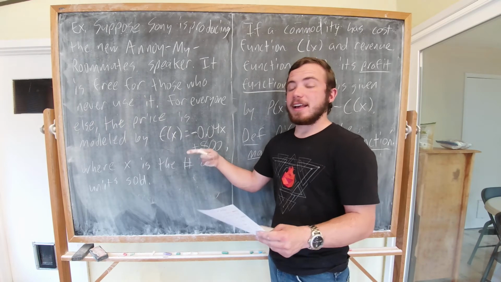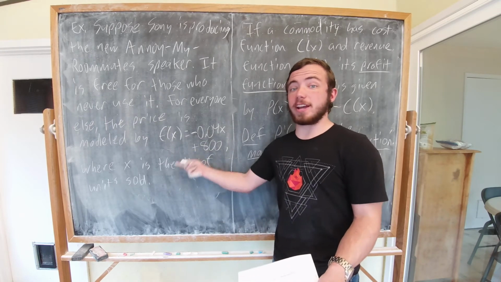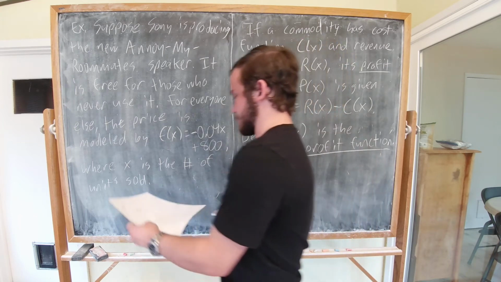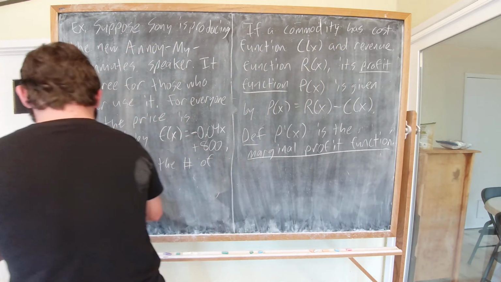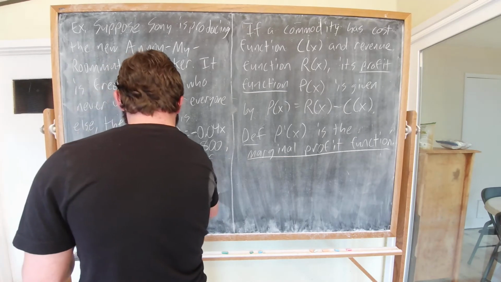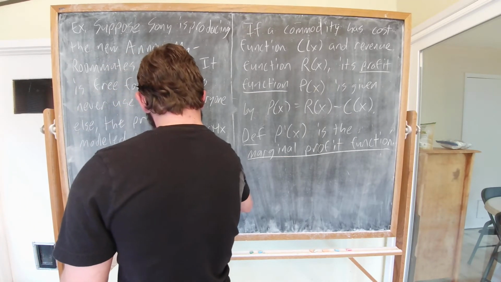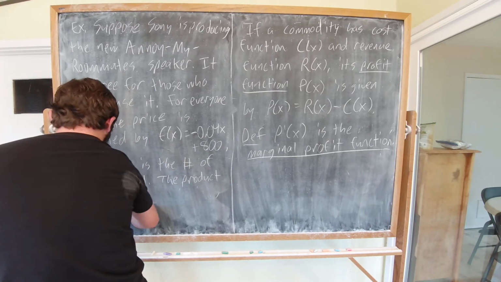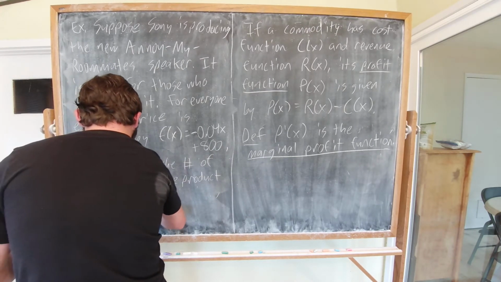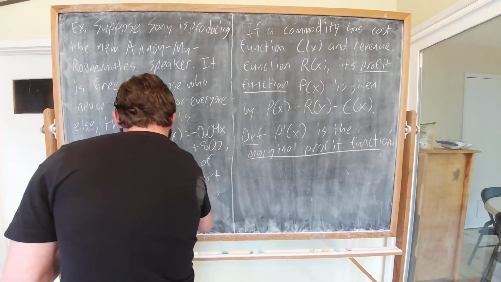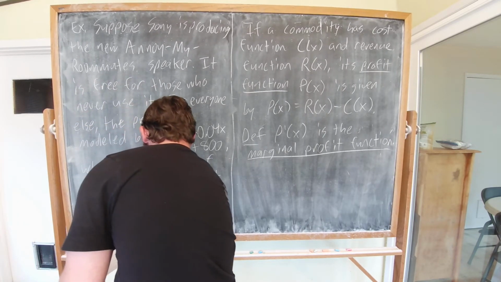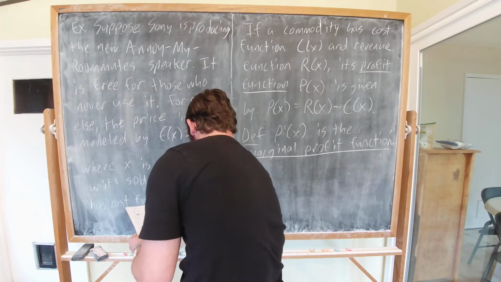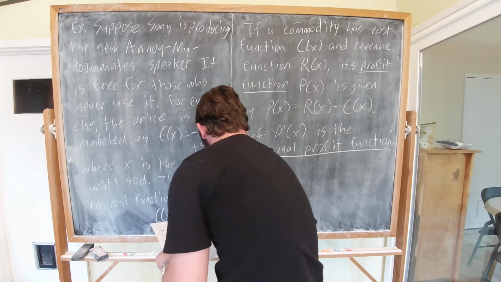So that's our price, and let's say we also know how much it costs us to produce things. These are the things that a business will know off the top of their head. So the product has cost function capital C of x equal to 200x plus 400,000.